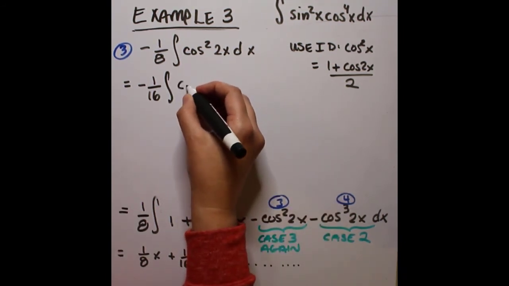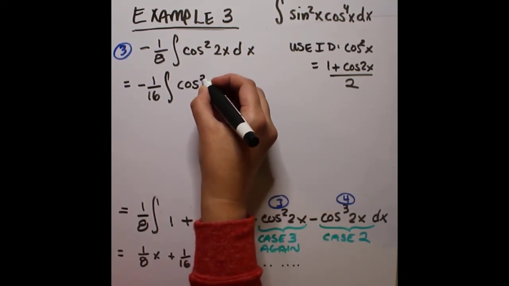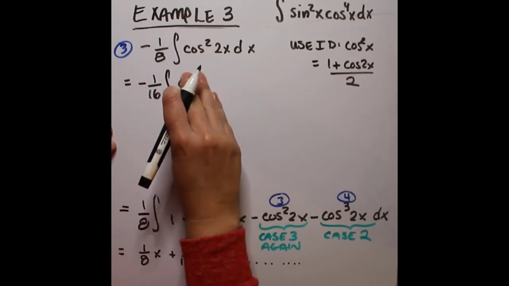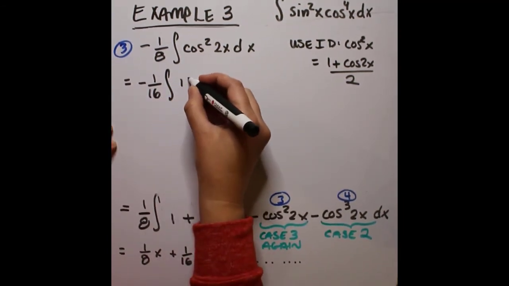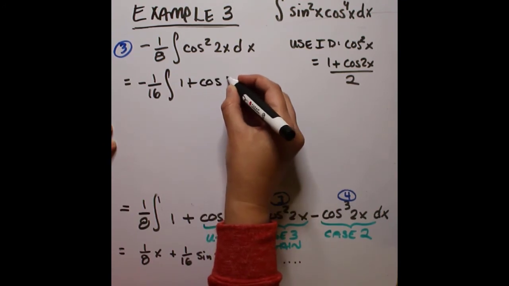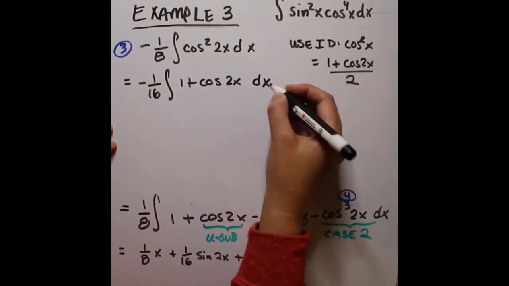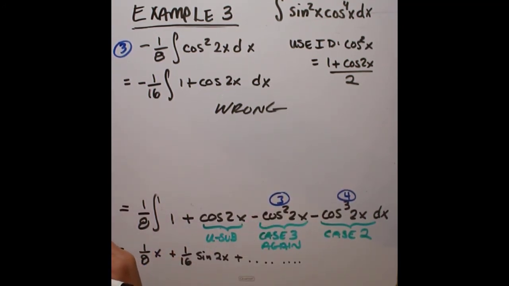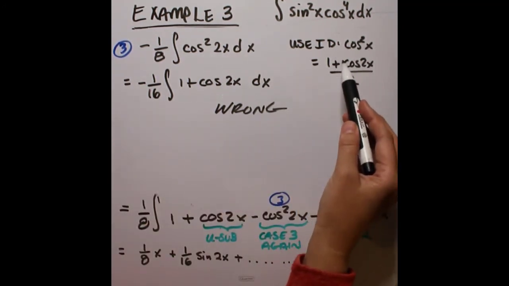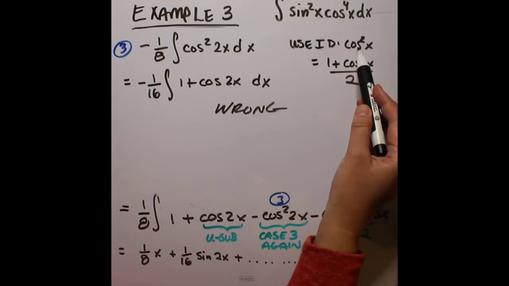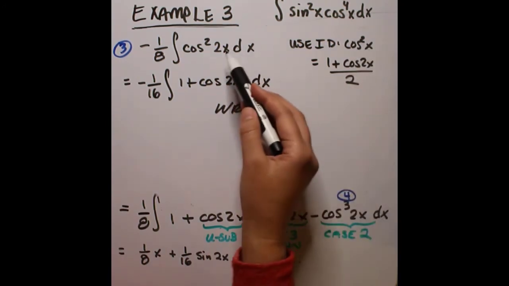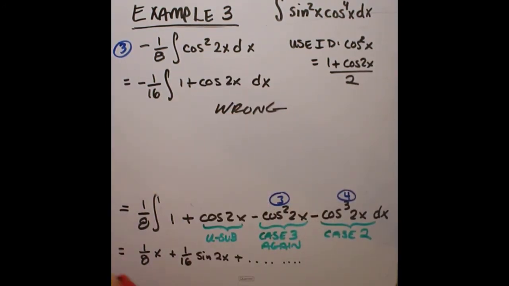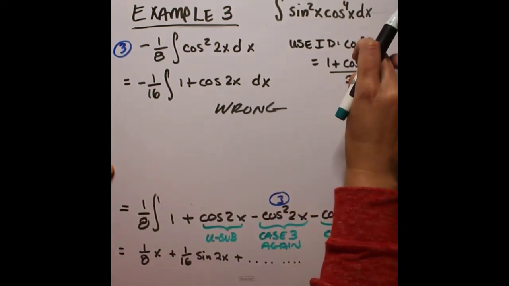Now, also be careful here. I'm going to write this wrong on purpose. Whoops. Let's see. 1 plus cosine 2x is wrong. Okay, so wrong. Okay, see if you can tell why. Back here for our identity, this was for cosine squared of x. We're not even starting with that. We're starting with cosine squared 2x. So let me modify what we're working with.